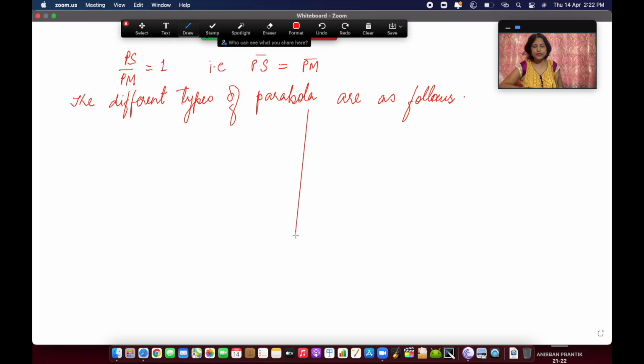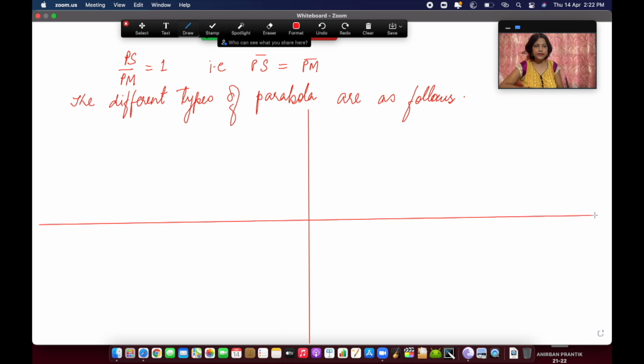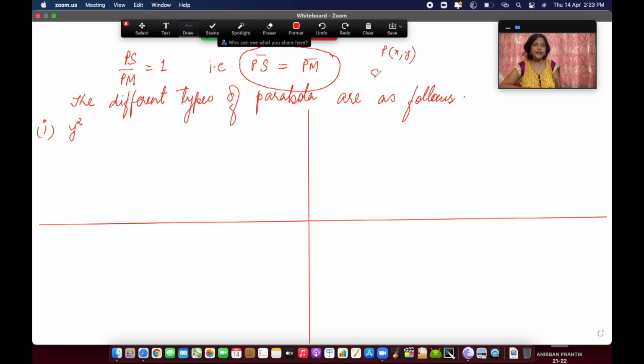So I'm just dividing my screen into 4 parts to explain the 4 standard forms of parabola first of all. The first one, when we solve this equation where P(x, y) is a moving point, S is a fixed point having some coordinates, and we have the equation of the line PM, then we will get these forms of parabola.